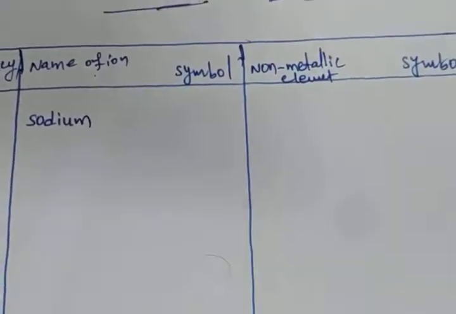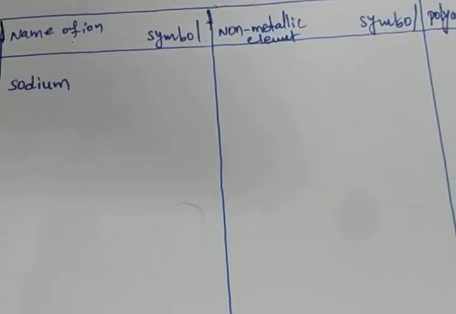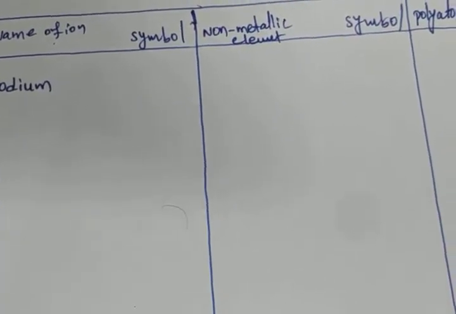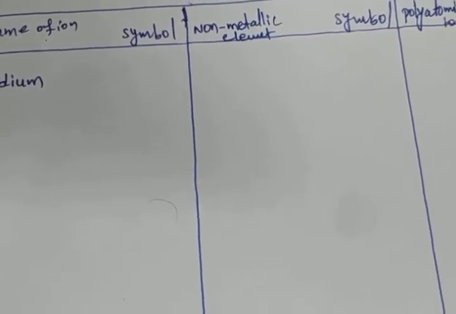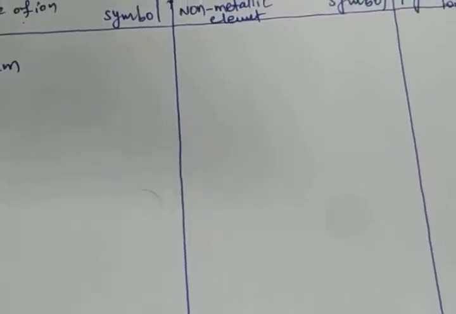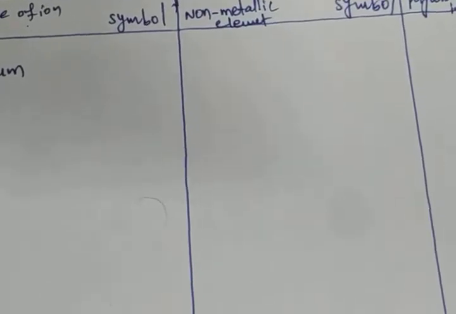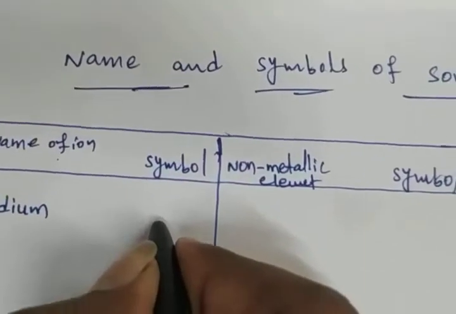Already we have discussed ions. How can we define it? An ion is a charged species. Charged means either positive or negative. Here, the name of the ion, sodium, has the symbol Na plus.